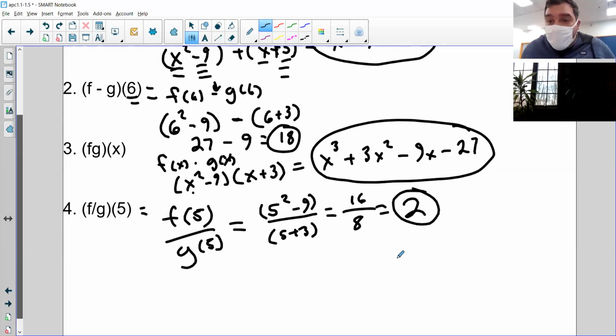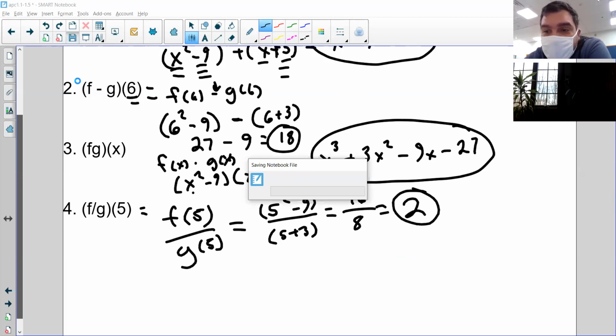So for these, we're simply plugging it in and simplifying. Very straightforward in this sense. Does anyone have any questions on this? All right, let's go to the next page.